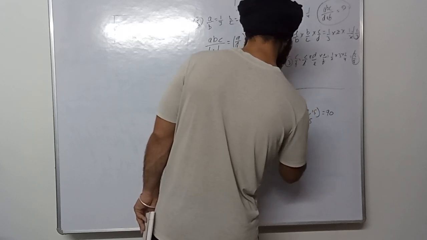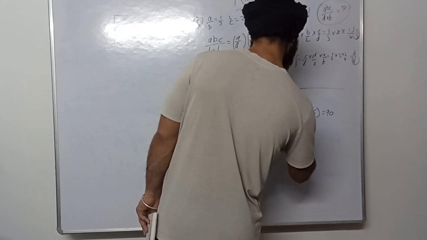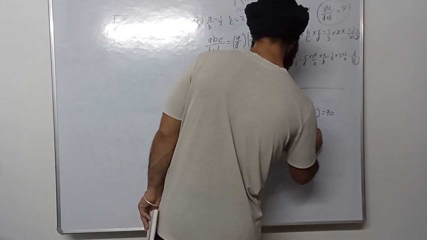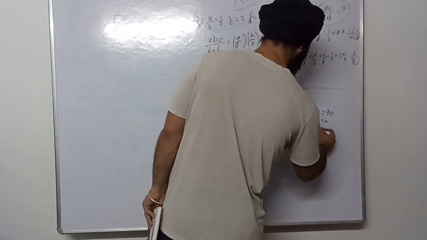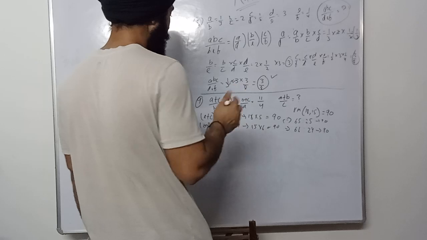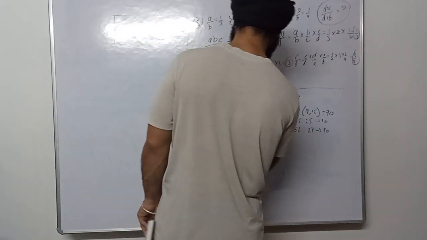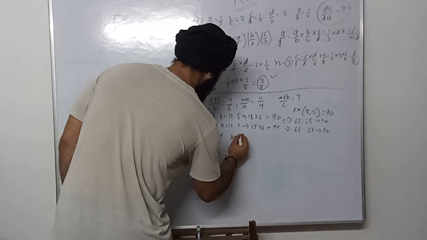it's not 9, it's 11. 11 into 6, 66 and 24. Its value is 90, its sum also equals 90. So now we can say that A's value is 24, B's value is 25.